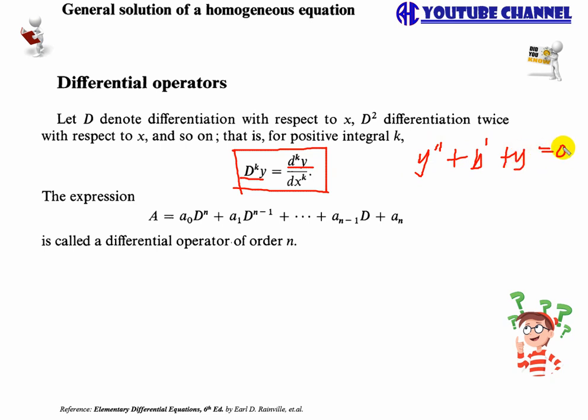Pwede natin isulat in terms of differential operator, so we can write this into this form: D squared plus D plus 1 times y is equals to 0. Pwede natin isulat. May mga problem na encounter kayo, so mamaya, may example na in terms of this differential operator.